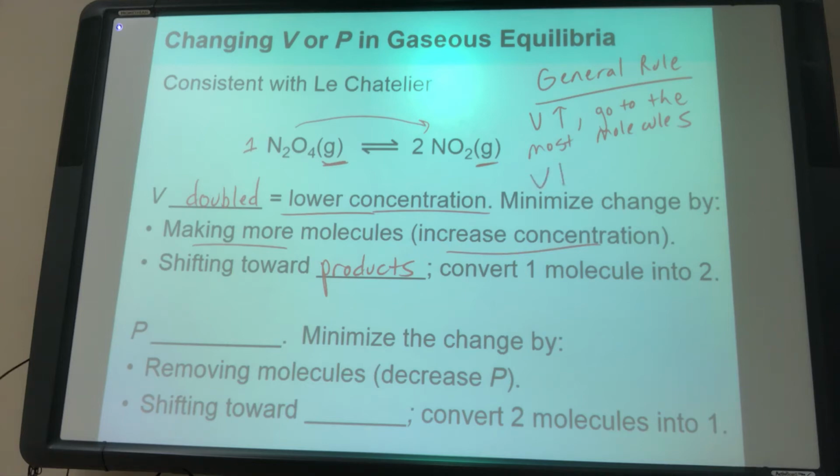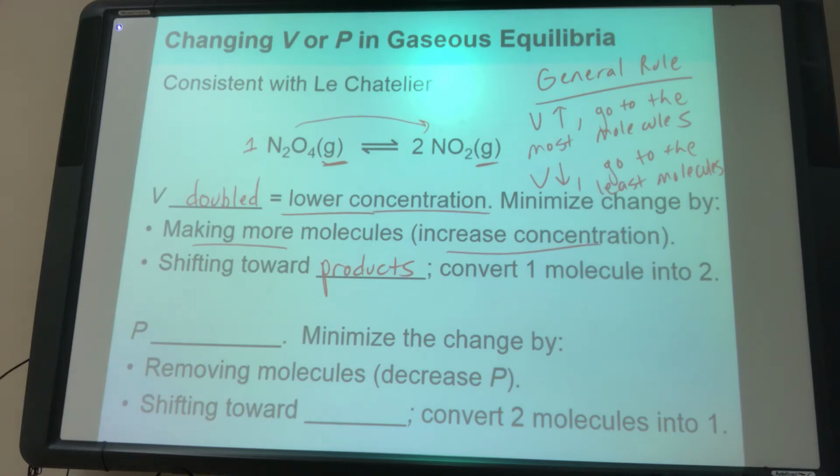If the volume decreases, then you go to the least molecules. Okay? All right, so that's volume. You want to go depending on if you're increasing or decreasing. So if I increase volume, you want to go to the side that has the most molecules because you're trying to increase the concentration.